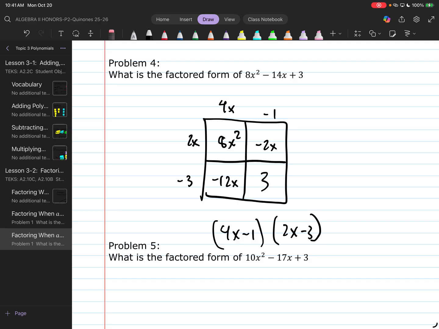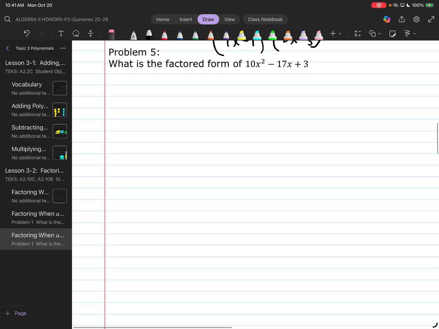If you're finished, work on the other one. Now we're working on this one.